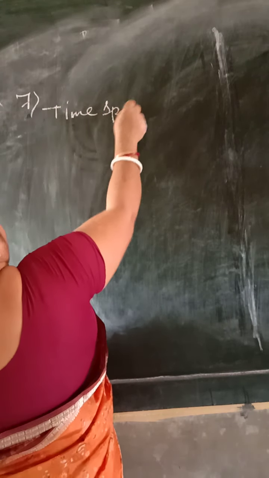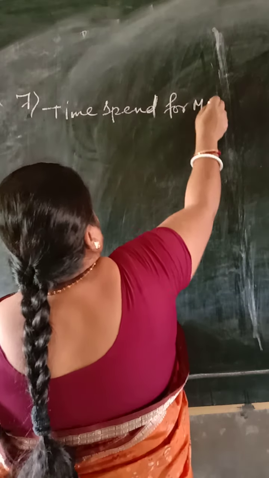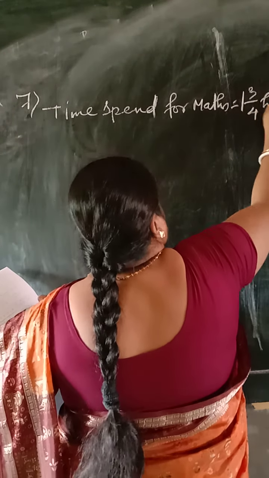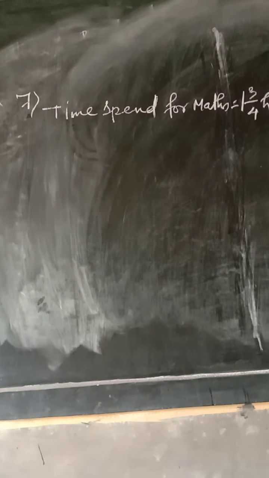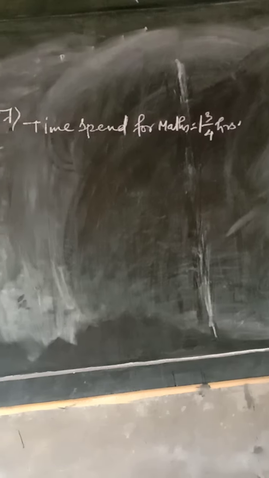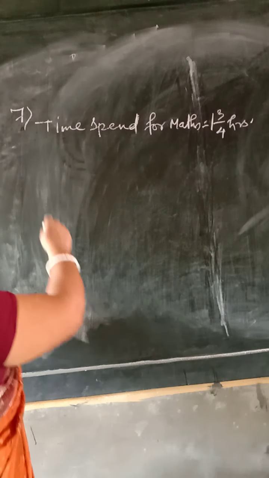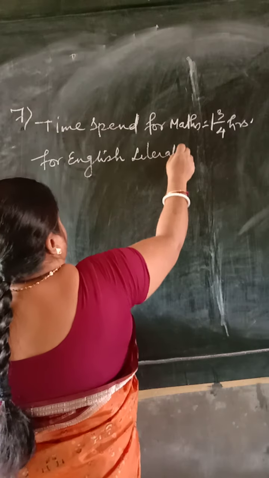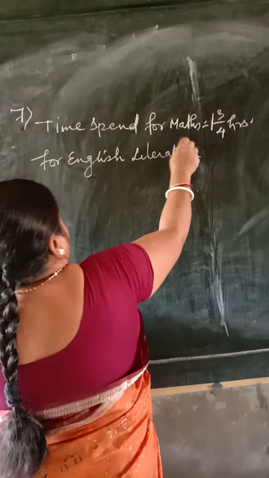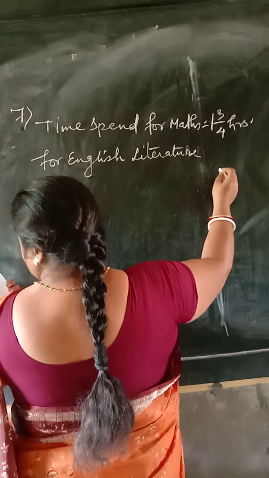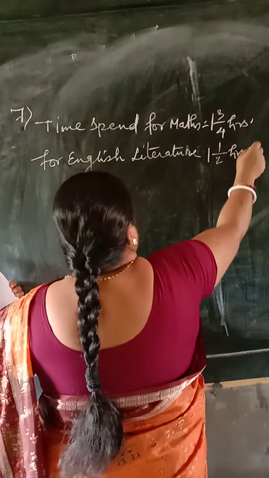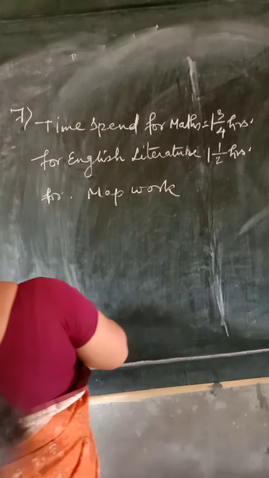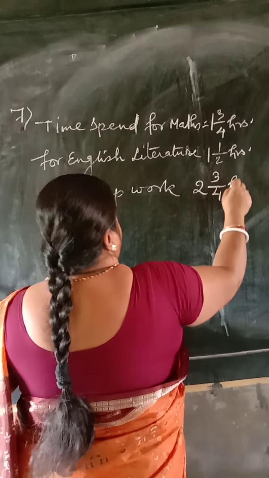Time for English literature, one whole 1/2 hours. And for math work, 2 whole 3/4 hours.